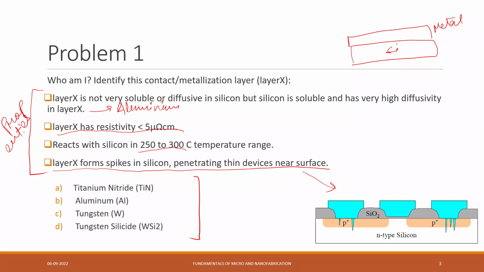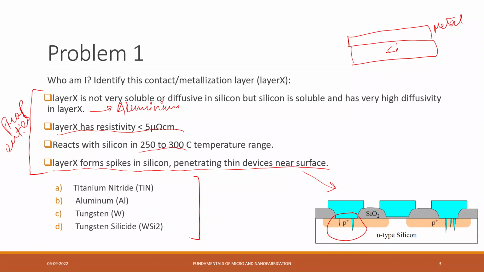Other materials like tungsten can go to higher temperatures; they are very heat resistant and thermally stable. With tungsten and titanium nitrides, the tungsten silicide reaction temperatures are very high, not in the range of 250 to 300 degrees Celsius. Layer X also forms spikes in silicon penetrating thin devices near the surface.